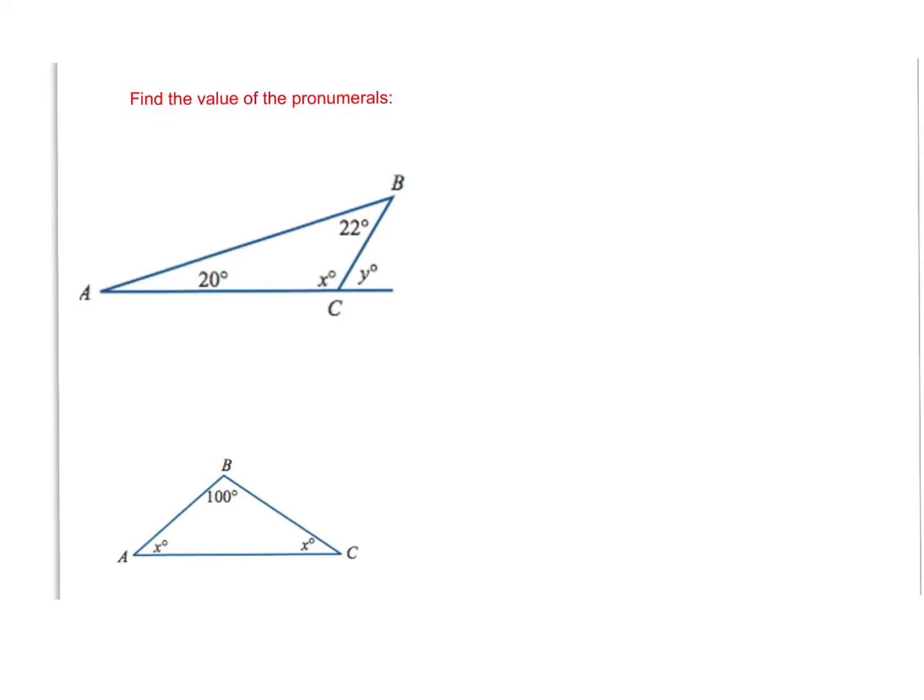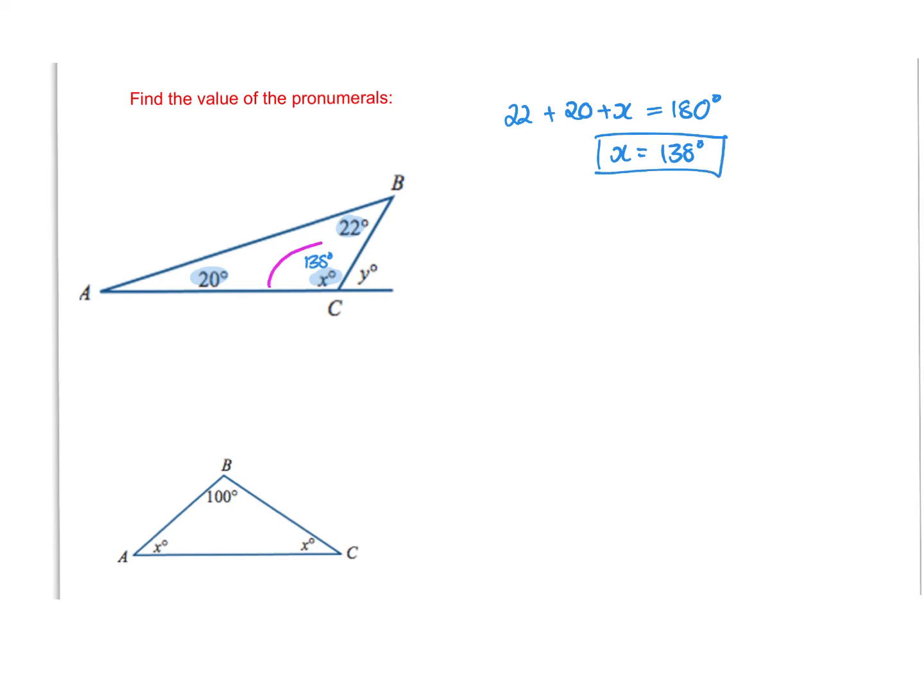So let's have a look at a question. We know that the inner angles of a triangle have to add up to 180. So I know that 22 plus 20 plus x needs to equal 180. So x equals 138 degrees. If you have to put solve, you can put solve. So you now know that x is 138 degrees.